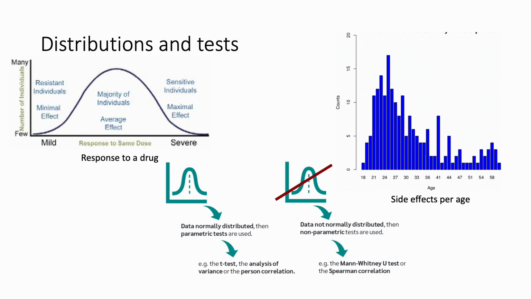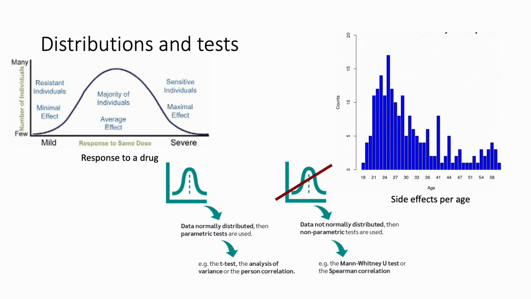But on the right graph, we see that the distribution is not normal. This is what we call a skewed distribution. And in this case, since the distribution is not the same, we don't use the same statistical tests or inferential tests. So allow me now to recapitulate for the slide.